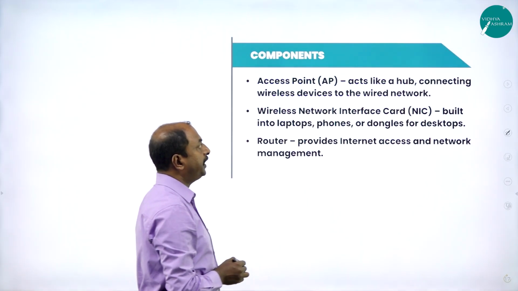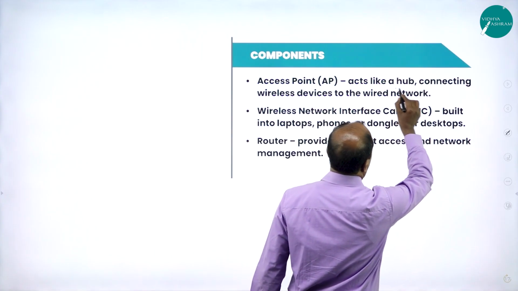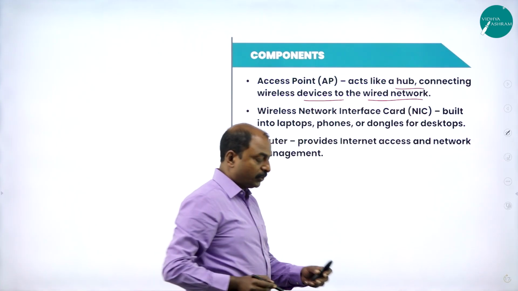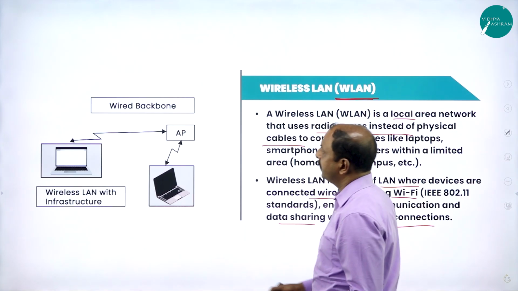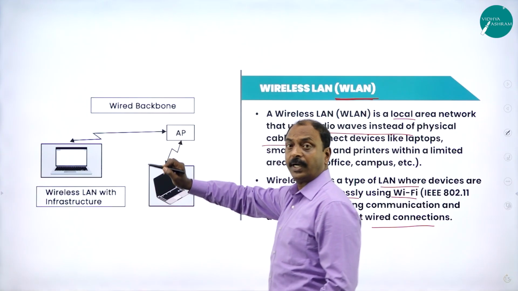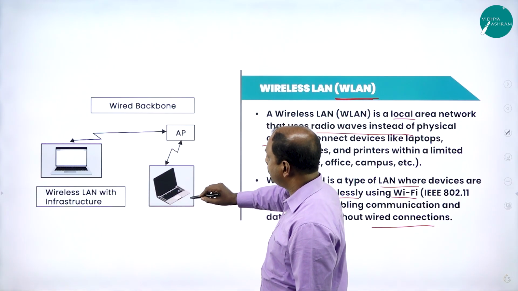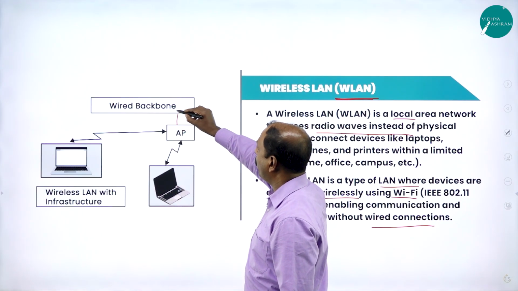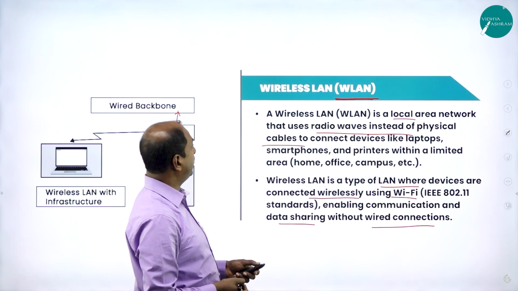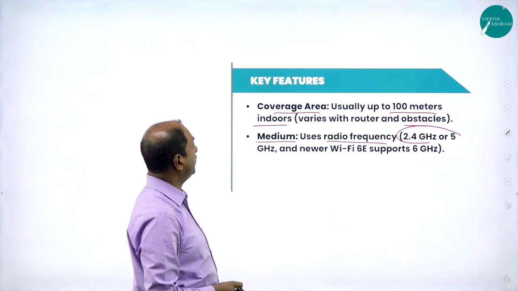What is an access point? It acts as a hub connecting wireless devices to the wired network. So what you have seen in the diagram here is the access point. It acts as a hub where it is going to connect the wireless devices in a network to the wired communication or to the wired devices. That is the function of the access point.